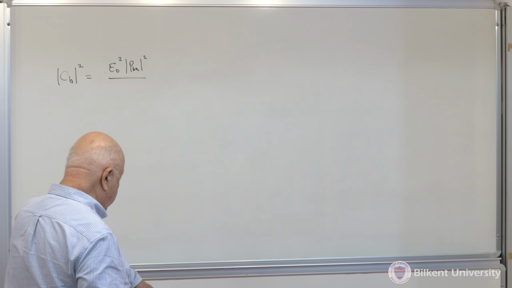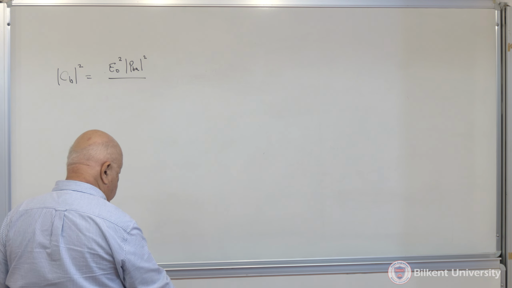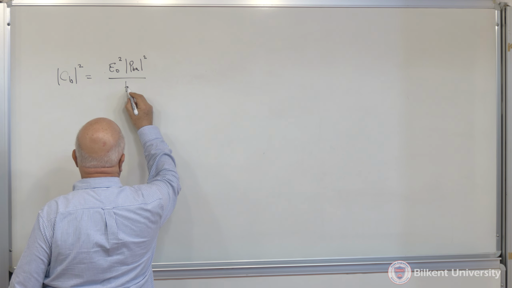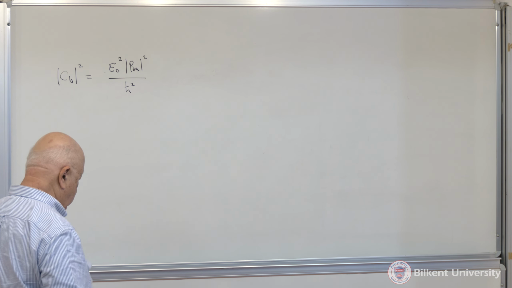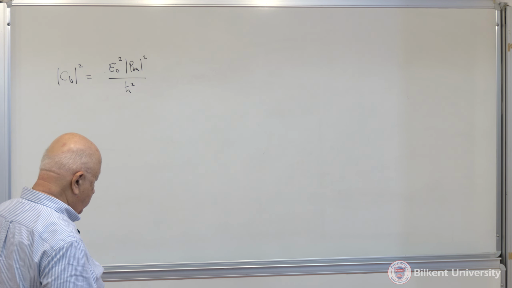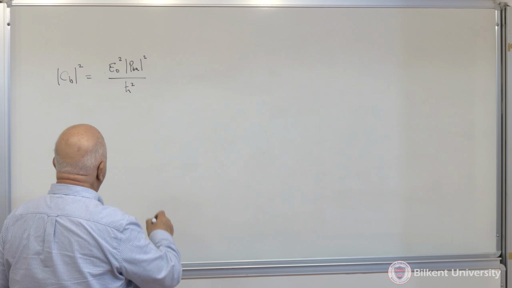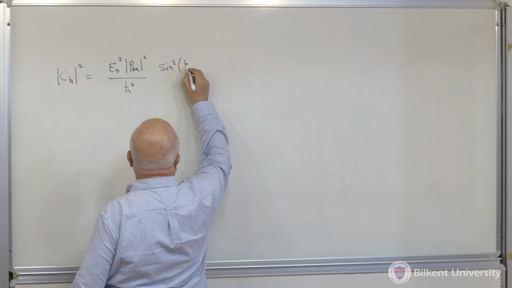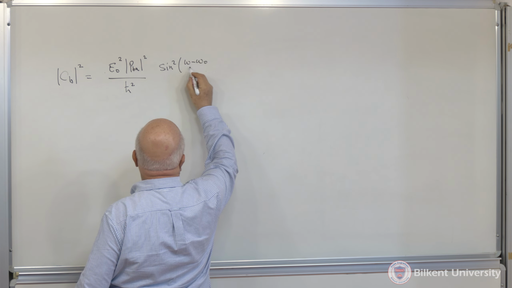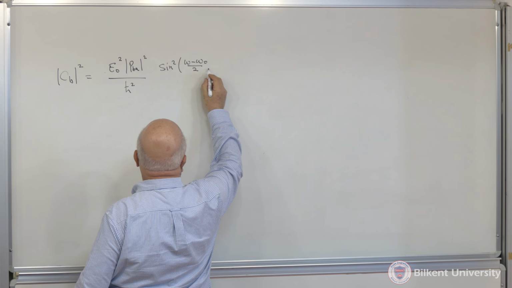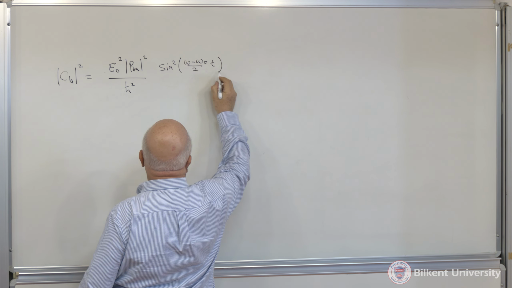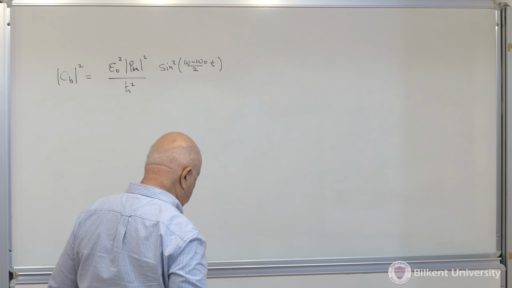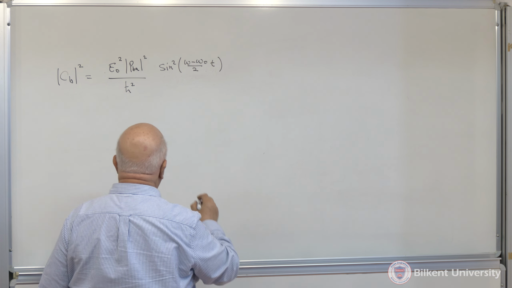Then the two i's cancel, so I have an h bar squared, and I have a sine squared of (omega minus omega 0) over 2 times t, divided by (omega minus omega 0) squared.